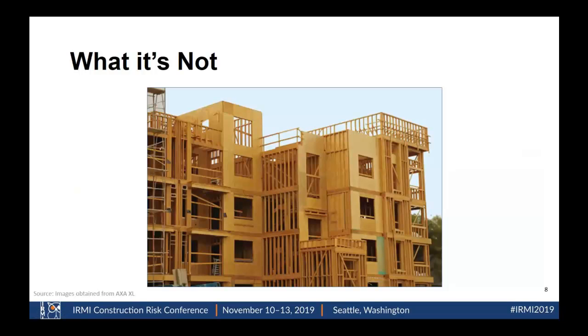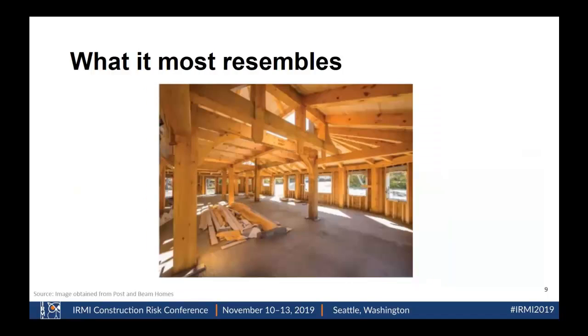It's not your conventional stick frame building with plywood. It most resembles your glue lam method. This is a glue lam with tongue and groove decking, which was the older way that we built these structures.